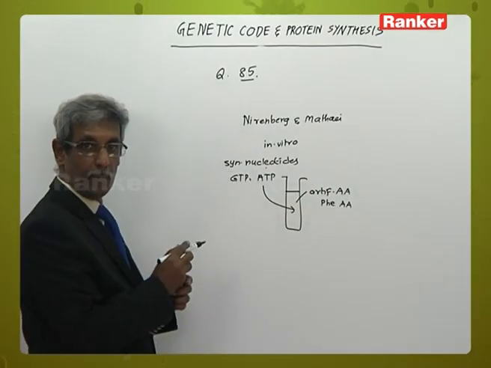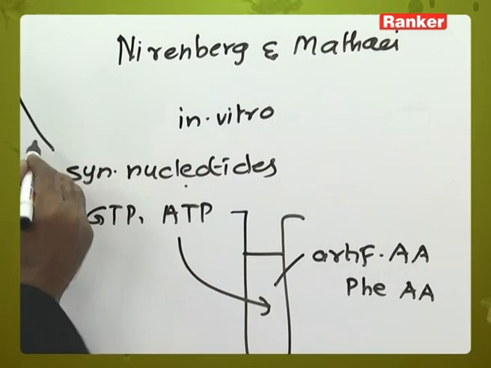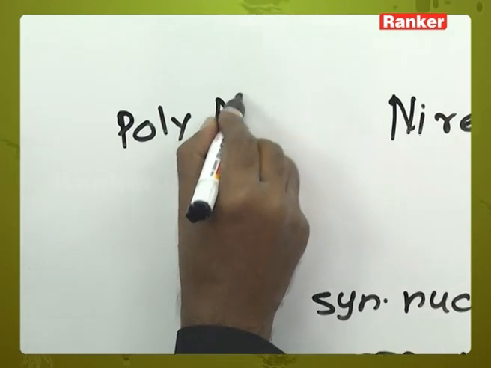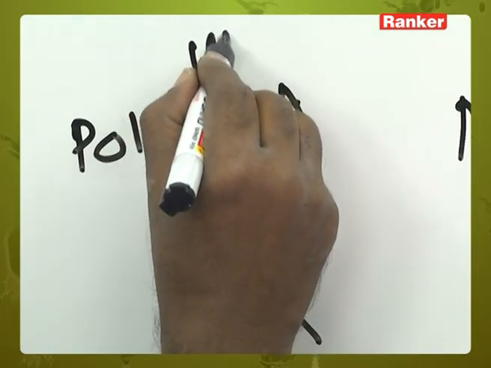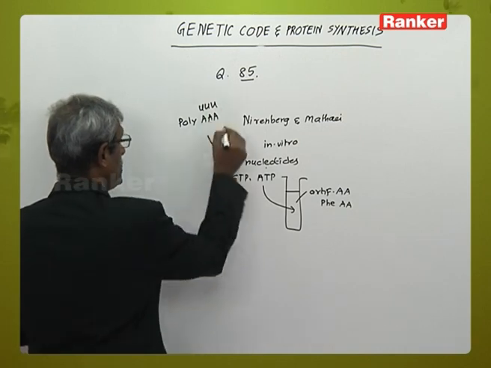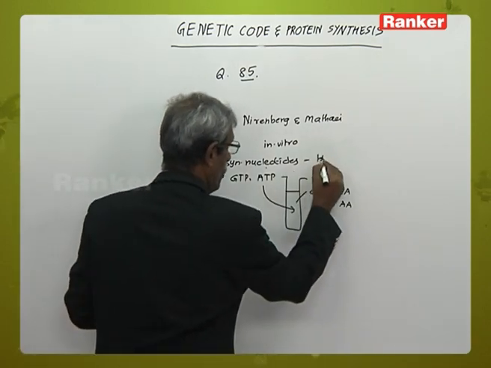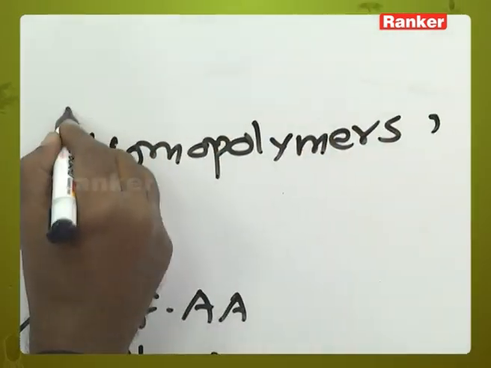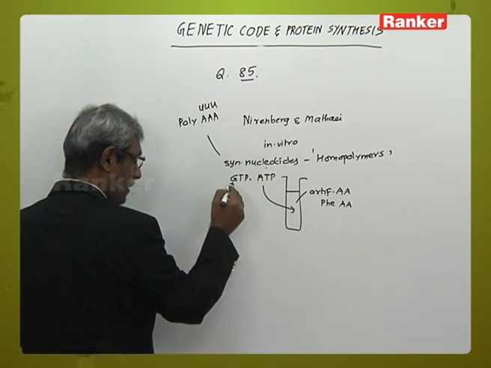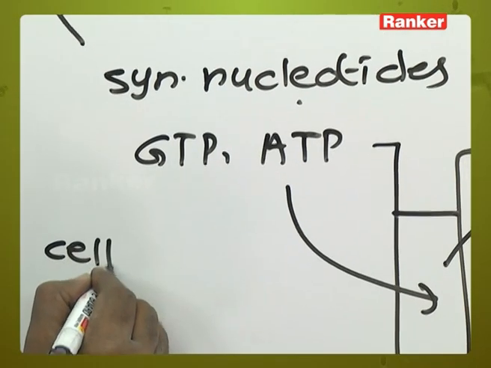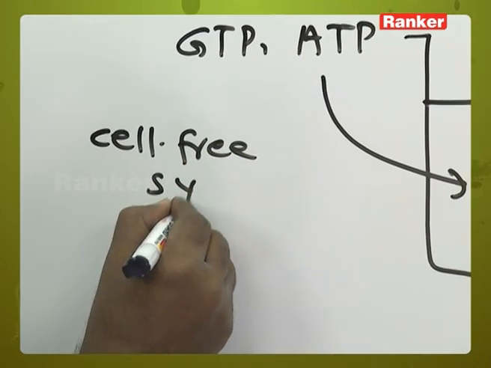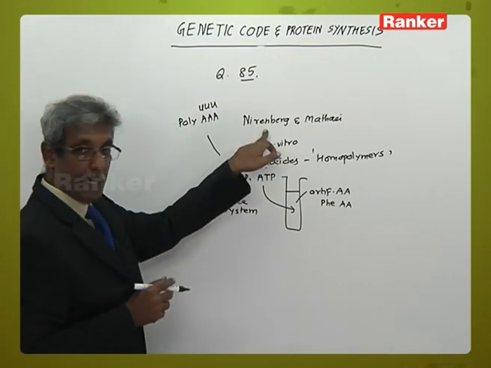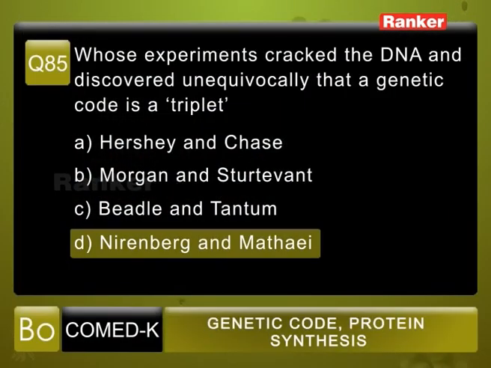These synthetic nucleotides used in a test tube were normally poly AAA or poly UUU. These polymers are termed homopolymers. So, homopolymers were used in a cell-free system for protein synthesis, which was studied by Nirenberg and Matthaei. The answer is D.